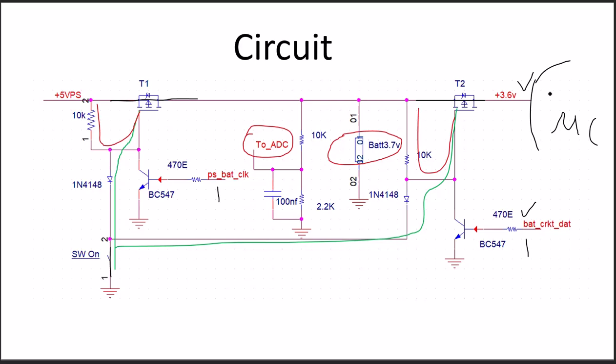So as soon as the microcontroller is on, it will make sure these two pins stay on. Once it reads the ADC values or battery values, depending on the supply at the battery, it will make T1 on or off using this port of the microcontroller.